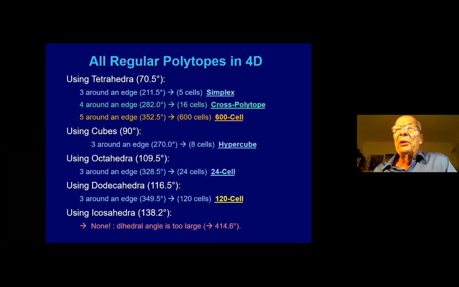This then leads to the 24 cell. Or we can use 3 dodecahedra and then obtain the 120 cell. But the icosahedron is useless. Its dihedral angle at each edge is more than 120 degrees, so 3 of them do not fit around the common edge. So here we have now seen all the possibilities. There are exactly 6 regular 4-dimensional polytopes.